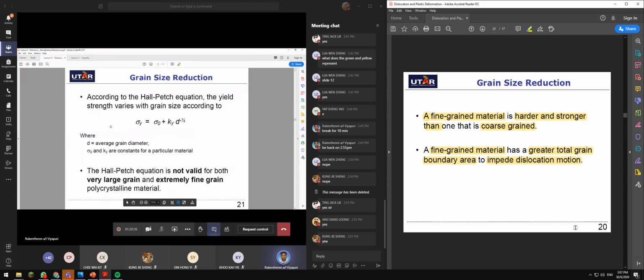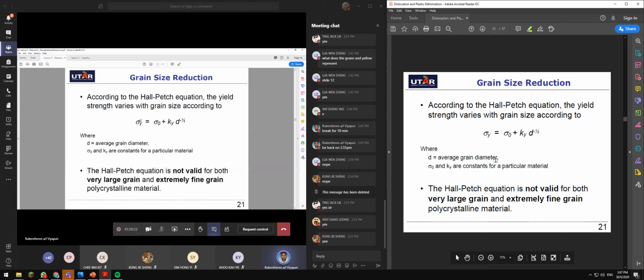According to the Hall-Petch equation, the yield strength varies with grain size according to: yield strength equals initial yield strength plus ky times d to the power of minus 1/2. d is the average grain diameter, and the initial strength and ky are constants for a particular material.